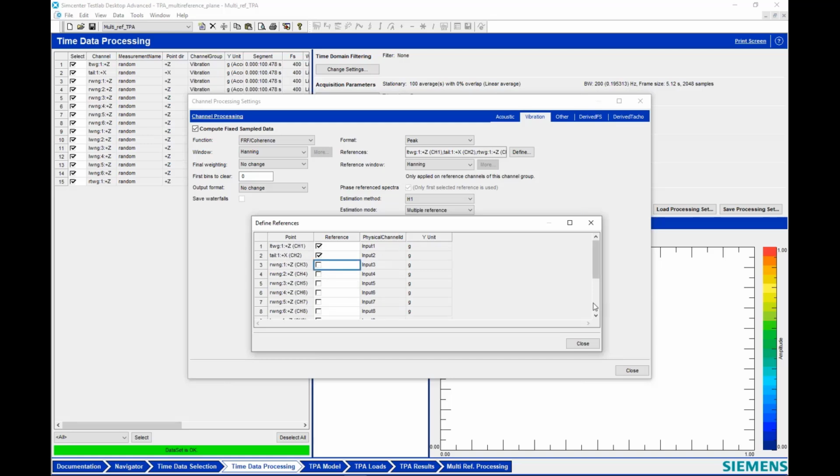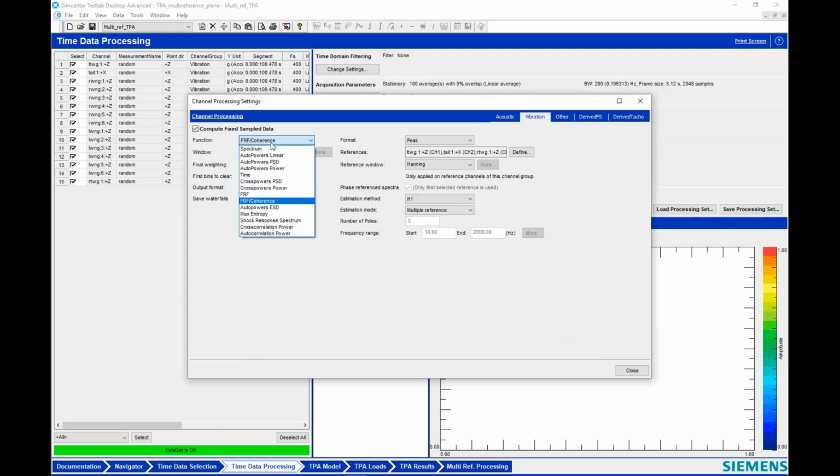So be aware that if your references are partially correlated, and if you calculate transmissibility functions, which is FRFs under operational condition with operational responses, your FRF will change every time you turn on a different reference. And that's dangerous, especially if you're using something like operational path analysis. So a better way to calculate those FRFs when you have partially correlated references would be to calculate cross powers instead, okay?